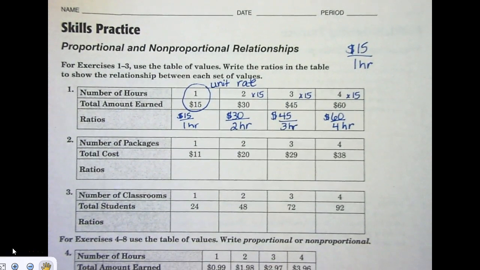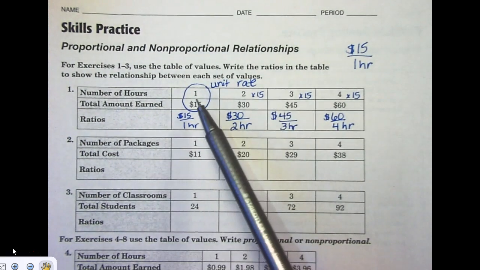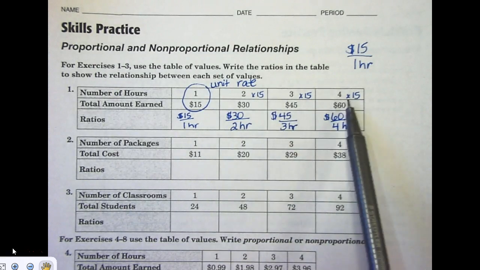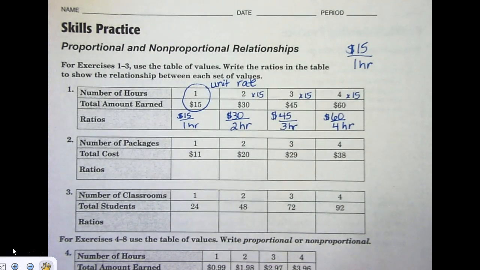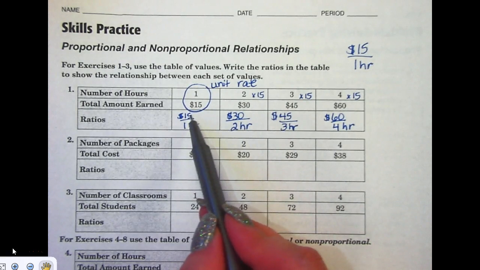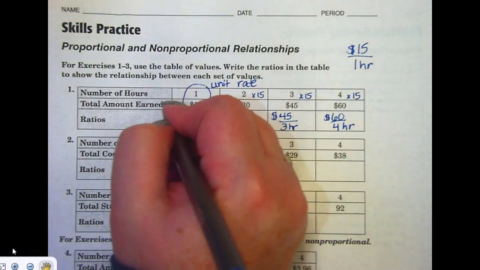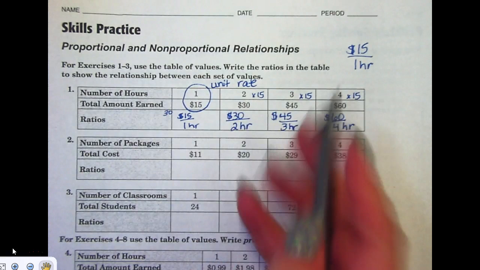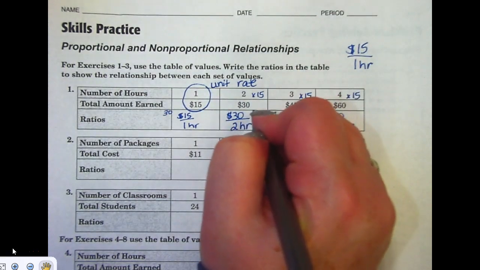So I've already determined, with the math that I did here when I said times 15, times 15, times 15, that they are proportional, but you could use cross products. 2 times 15 is 30. 1 times 30 is 30.